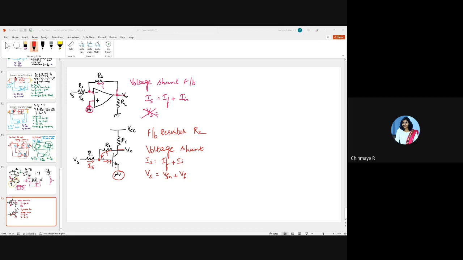We'll do it anyway in probably next class or the one after. When we do it with numbers, as in when I give you the resistor values, VCC and all that, then the concept of this feedback current and all will be more clear.